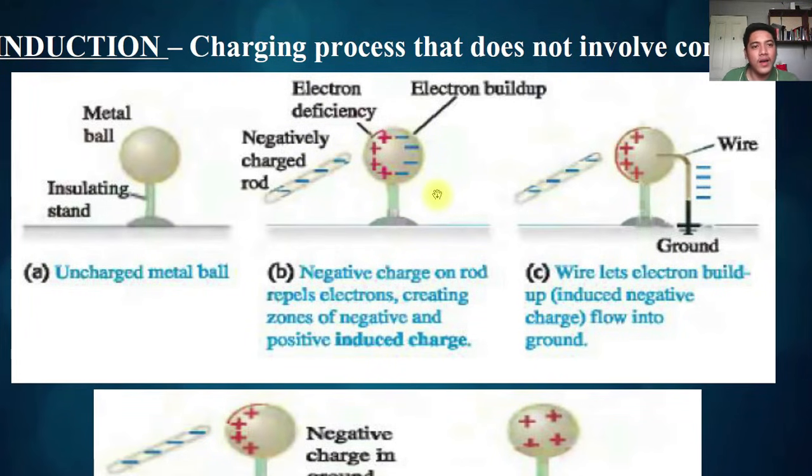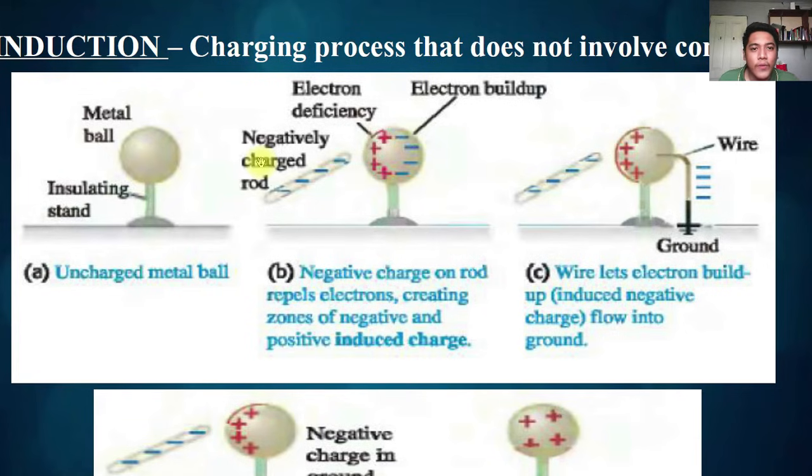But because of the negatively charged rod placed near the metal ball, some of the positive charges are drawn to the left side of the metal ball because they are attracted by this negatively charged rod. And the electrons go to the right side of the metal ball. There is a separation between the positive and negative electric charges, because these negative charges want to go as far away as possible from this negatively charged rod.